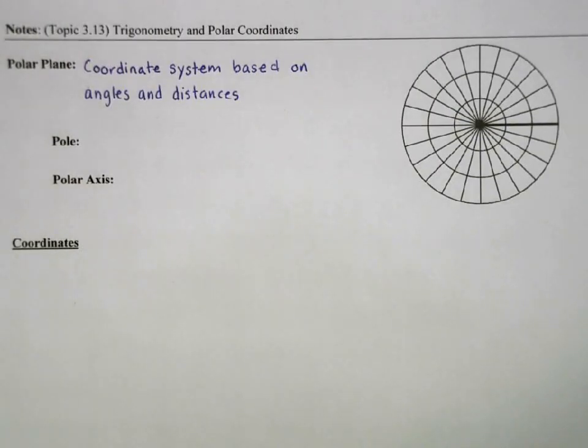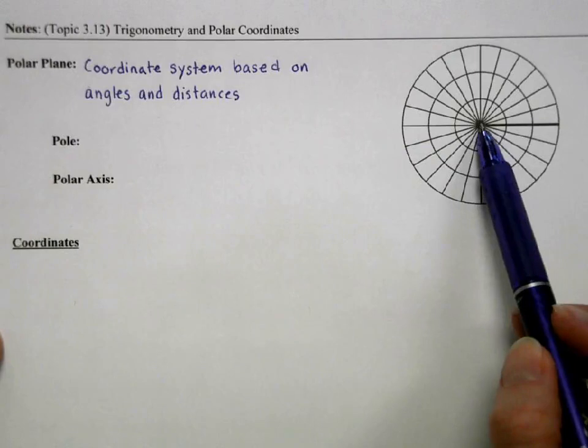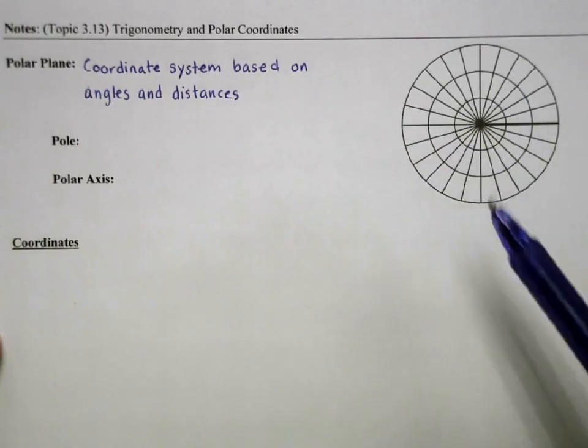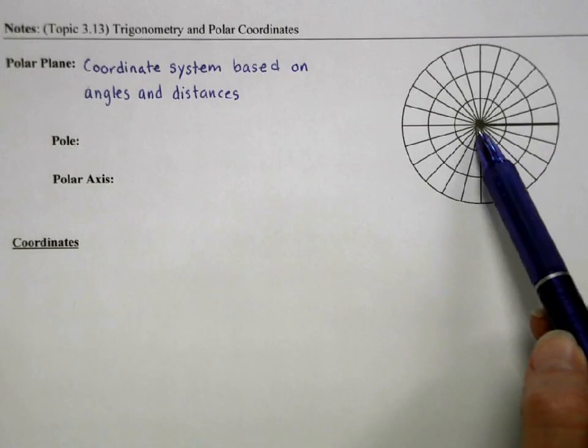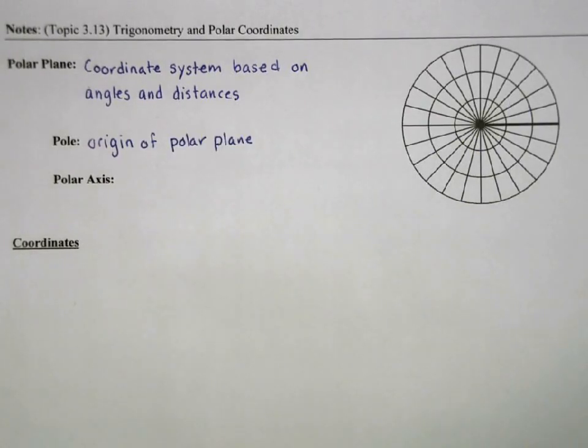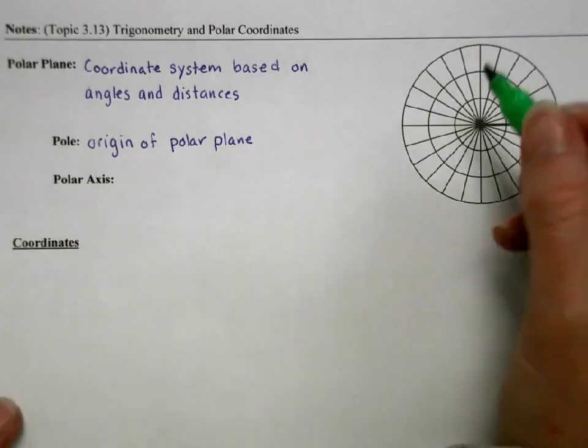So the polar coordinate system is a coordinate system based on angles and distances. So rather than going to the right or to the left for the x and then up and down, we're going to find an angle and we're going to go out a certain distance. Okay, the pole is what we call the origin of the polar plane.